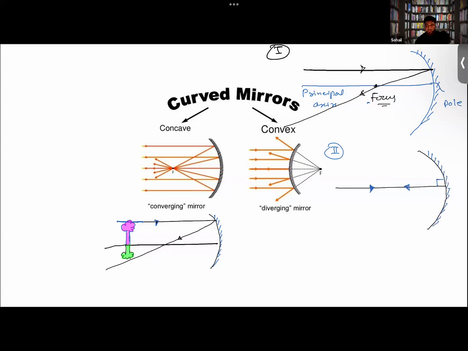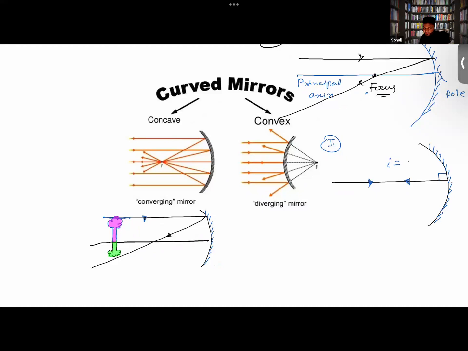Yes, sir. It will reflect back in the same direction with the same angle. So the angle of incidence and angle of reflection are both 90 degrees here, right?